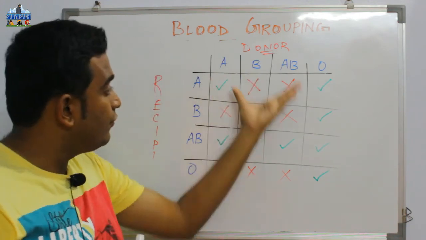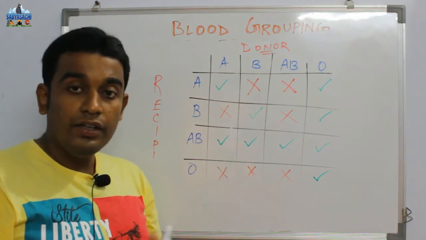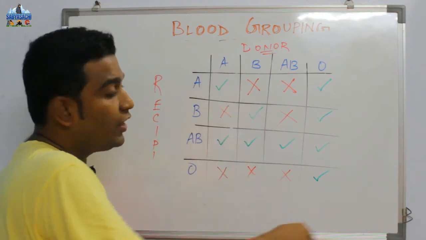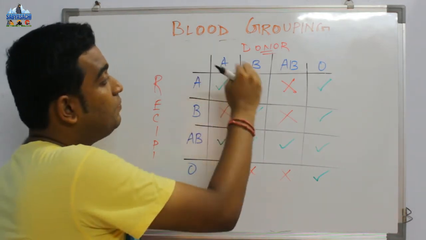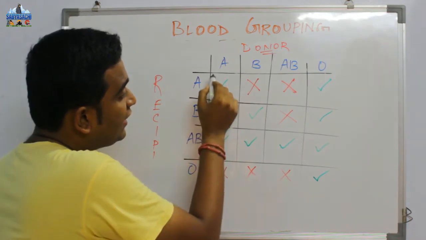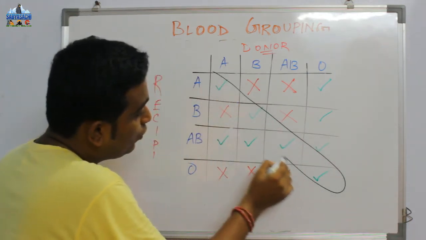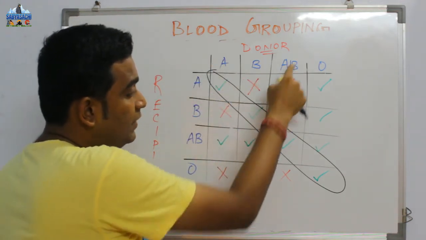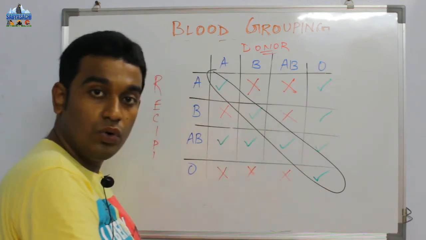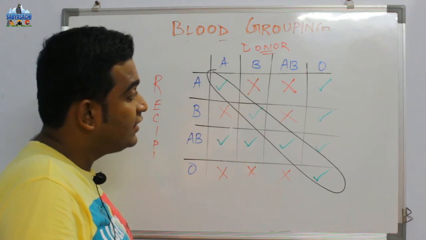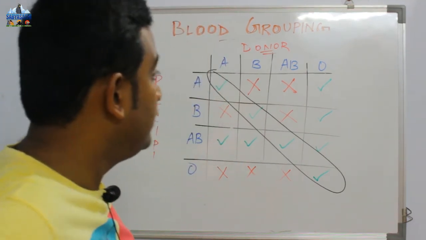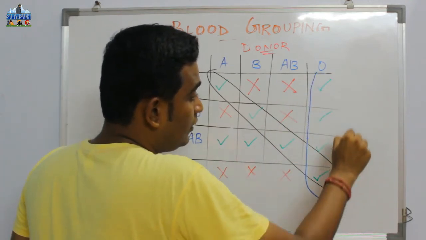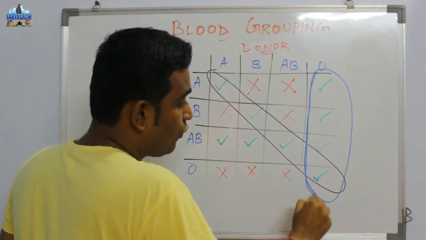Right? Now if you carefully observe this chart, one thing you will notice here, that is every blood group like A, B, AB and O can donate to their own blood group. Means A can donate to A, B can donate to B, AB can donate to AB, and O can donate to O. In addition to that, you will also observe that O blood group is donating to each one of them.